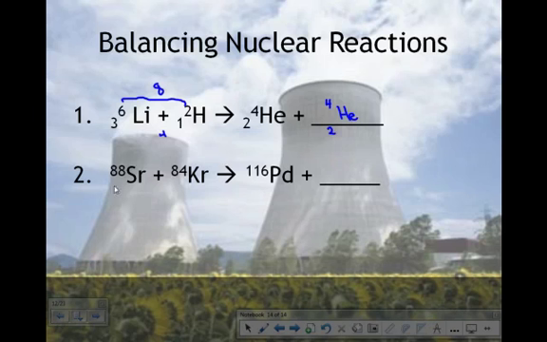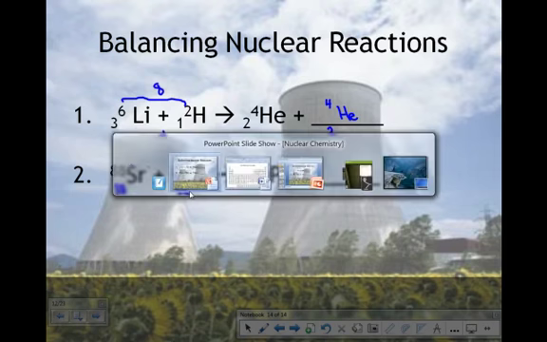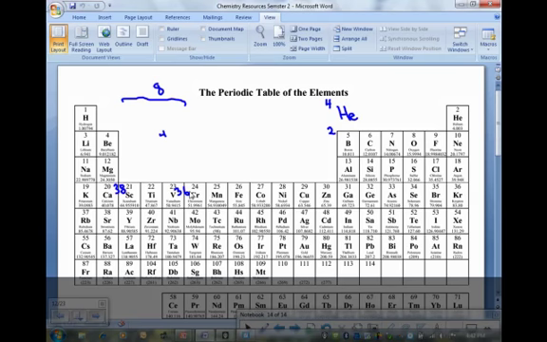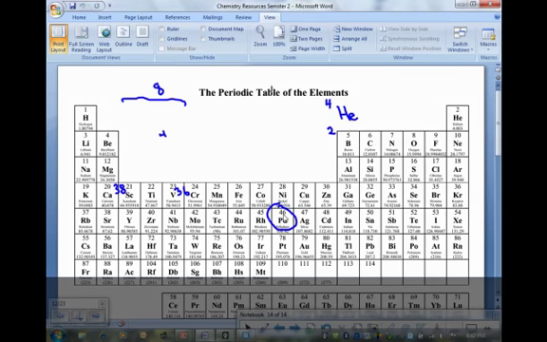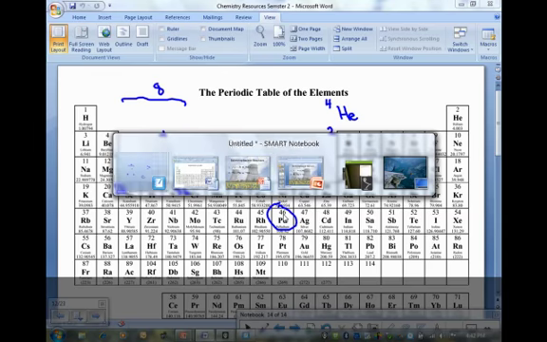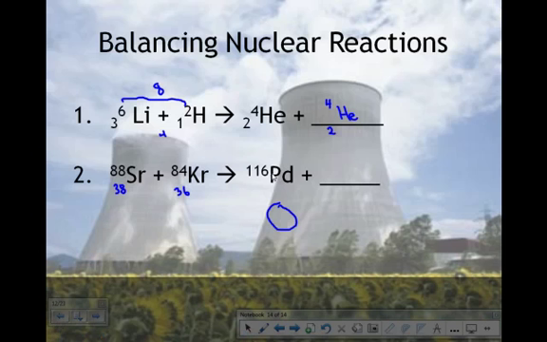So we write here 38 and 36 for strontium and krypton. What is palladium's atomic number? Pd, here it is, number 46.